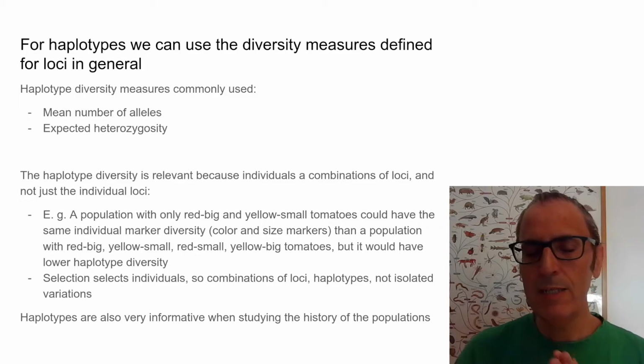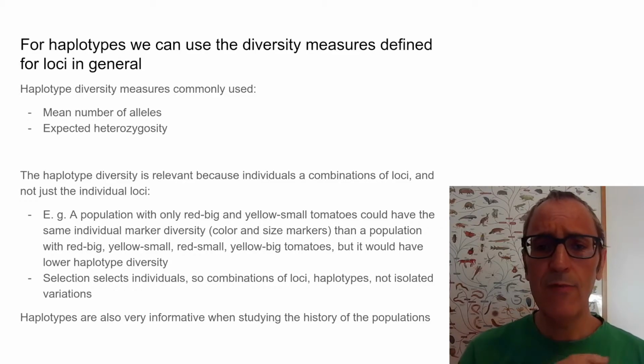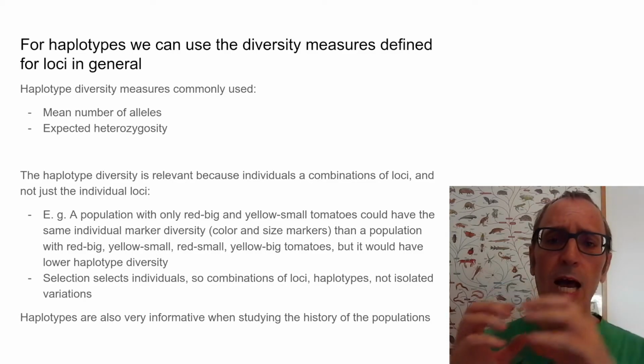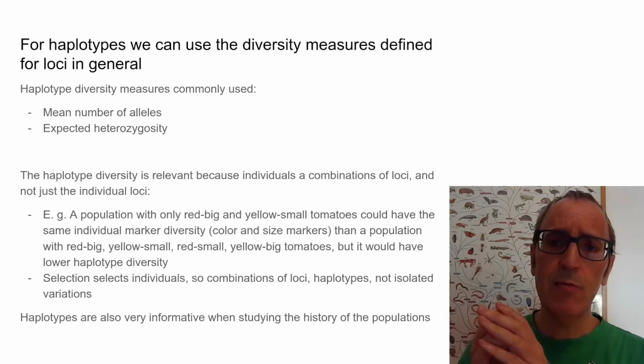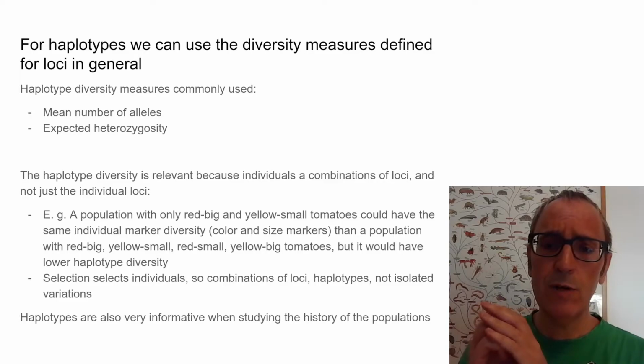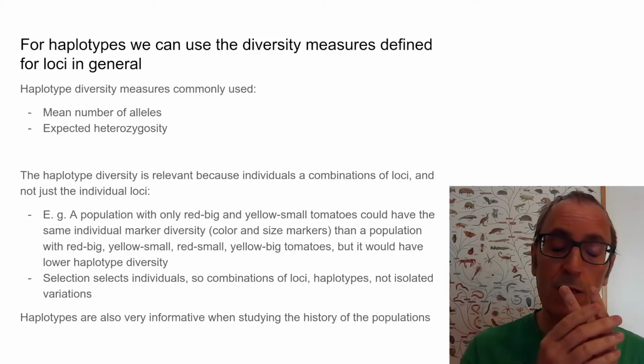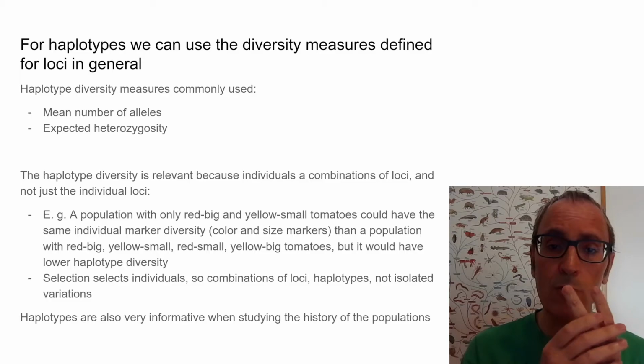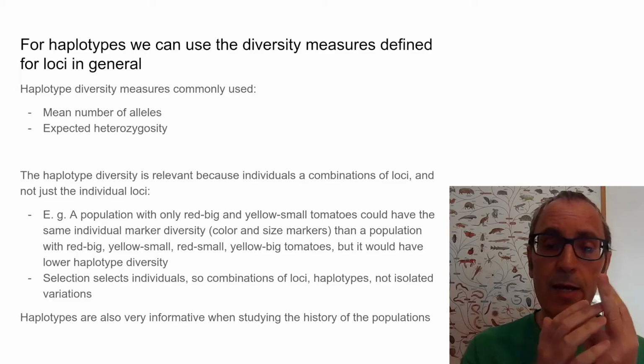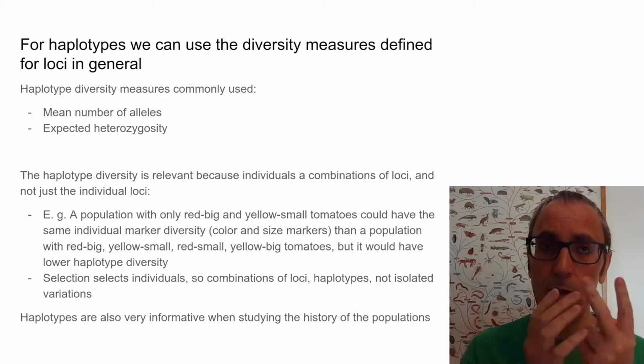For instance, imagine that we are studying tomatoes and we have a population in which we have red big tomatoes and small yellow tomatoes. We have these two classes of tomatoes. We have two different alleles for red and yellow, if the trait depends only on one locus, and small and big.